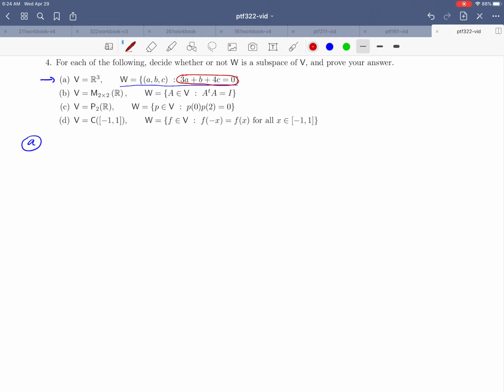We can rewrite that equation by solving for the variable b. So b would be equal to -3a - 4c. Let's first start with our claim. I'm claiming that this is a subspace.